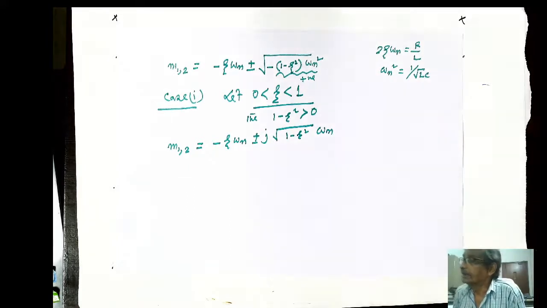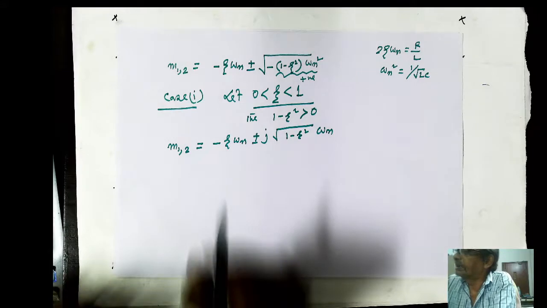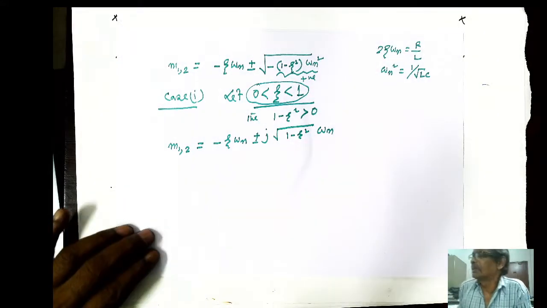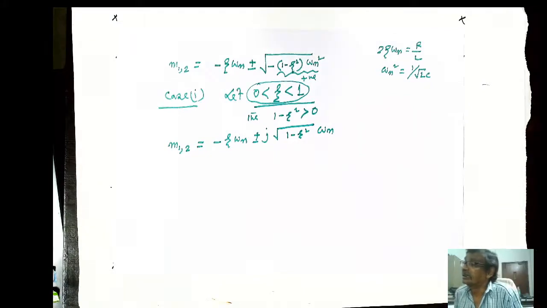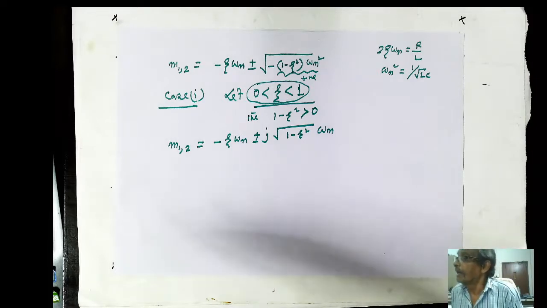So under this condition, roots will be complex conjugate. Clear? Mind you, I am restricting my attention to this condition only. Your parameter values are such that zeta lies between 0 to 1.